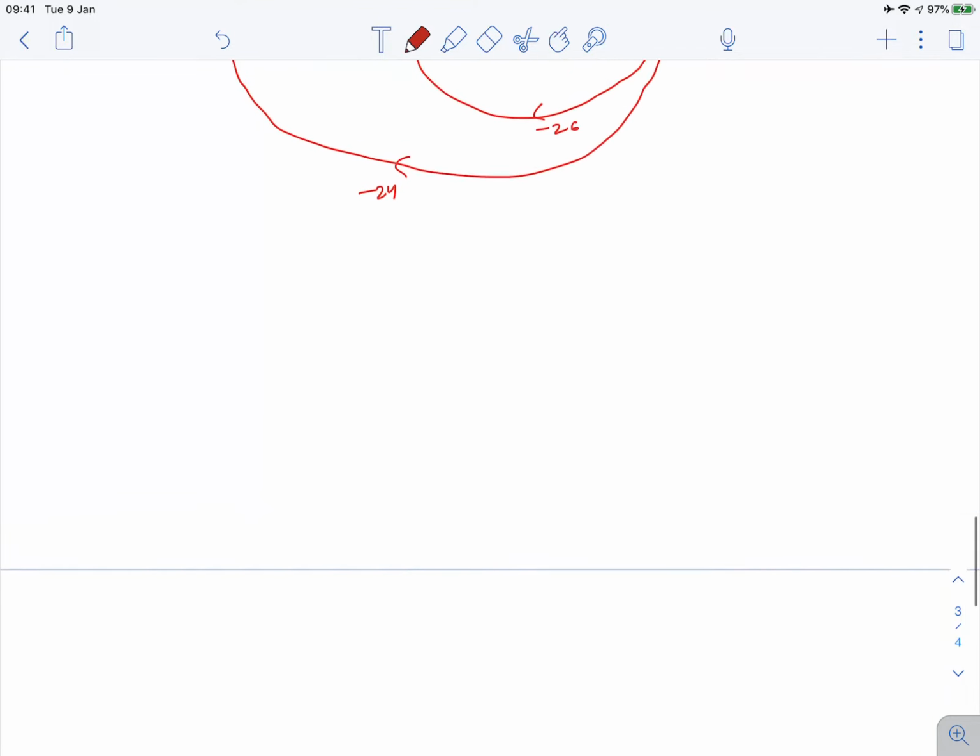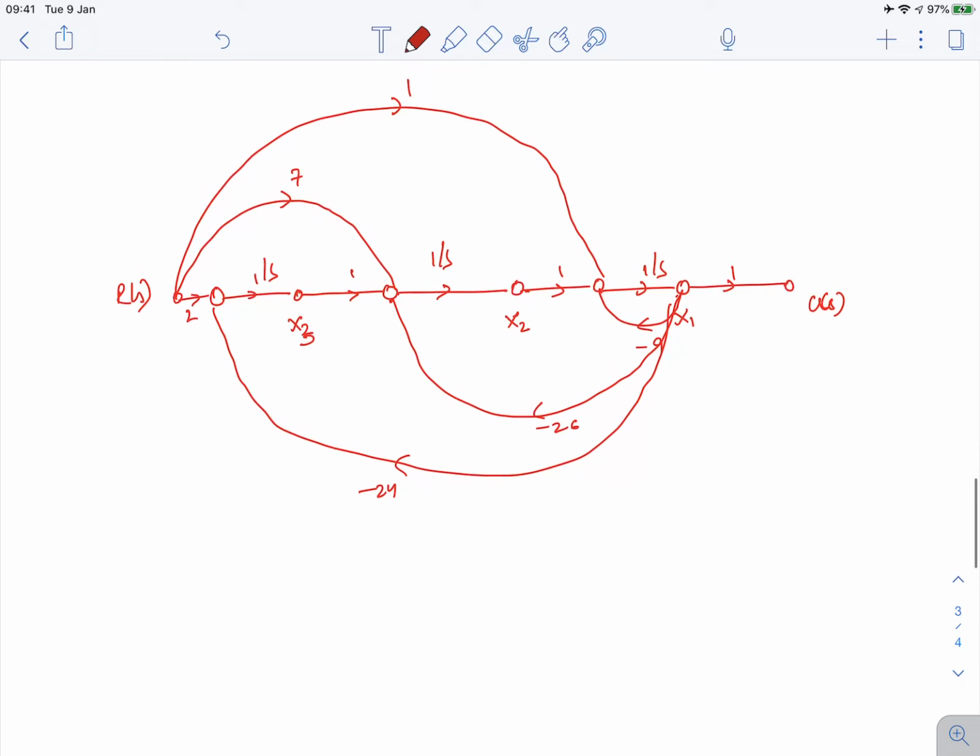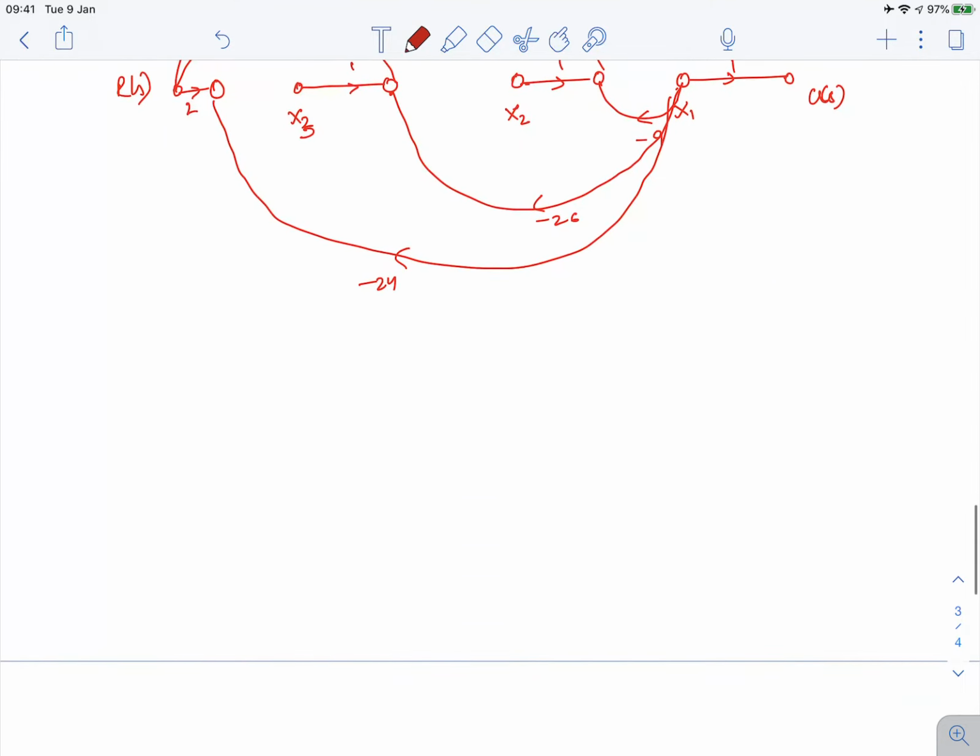Now again from the signal flow graph we could obtain the state representation by deleting the integrator terms, and we don't have the nodes from the initial conditions.